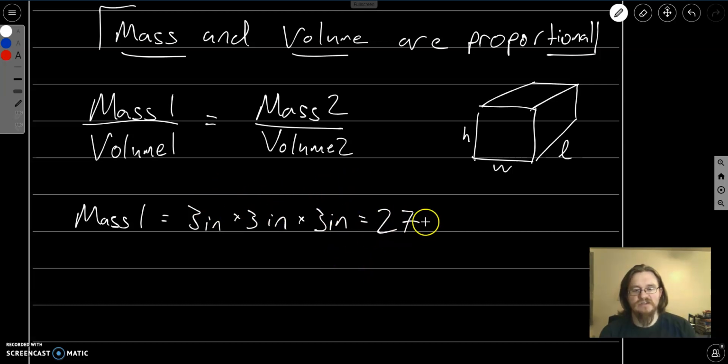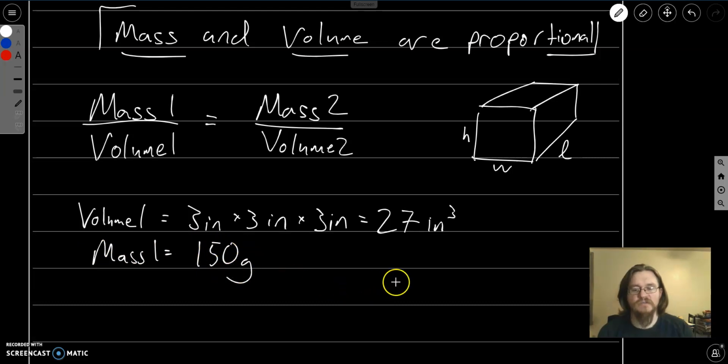Inches times inches times inches is cubic inches. Cool. I did this completely wrong. This isn't a mass. This is a volume. I just about wrote something down incorrect. The mass of the first cube was given to us. This is just 150 grams.